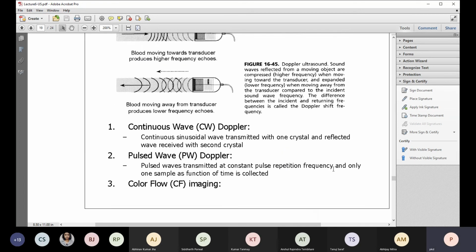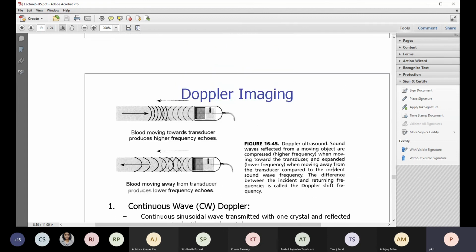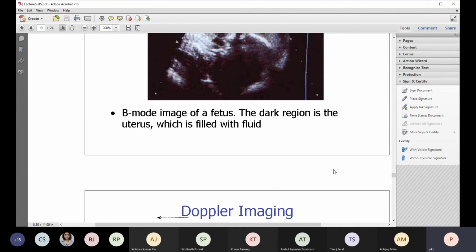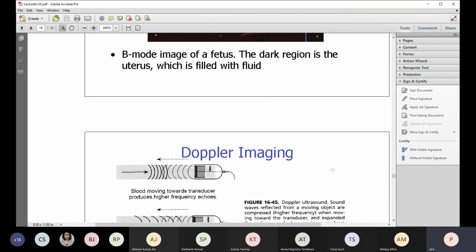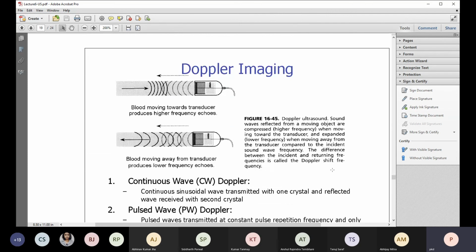Now, another thing we can talk about is that if we incorporate the frequency shifting information of the sound embedded into the measurement, then we can know the movement of various organs or substances like blood.